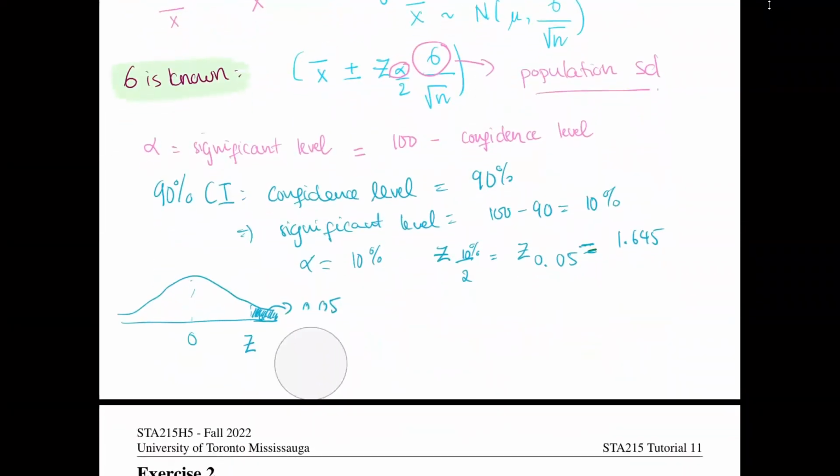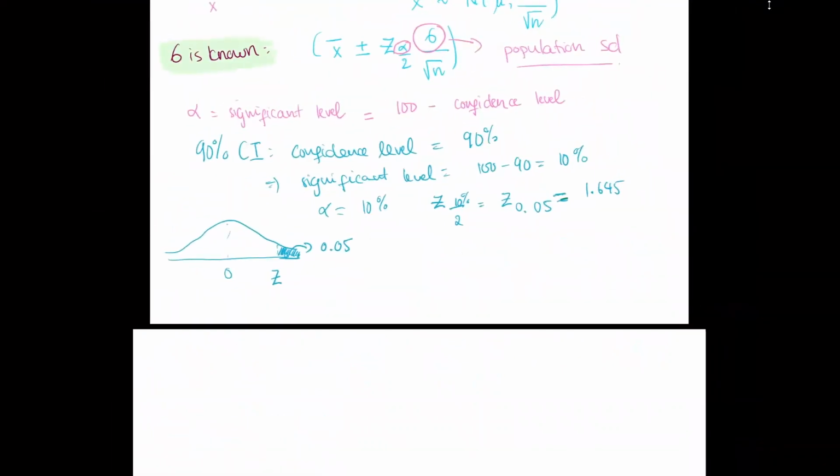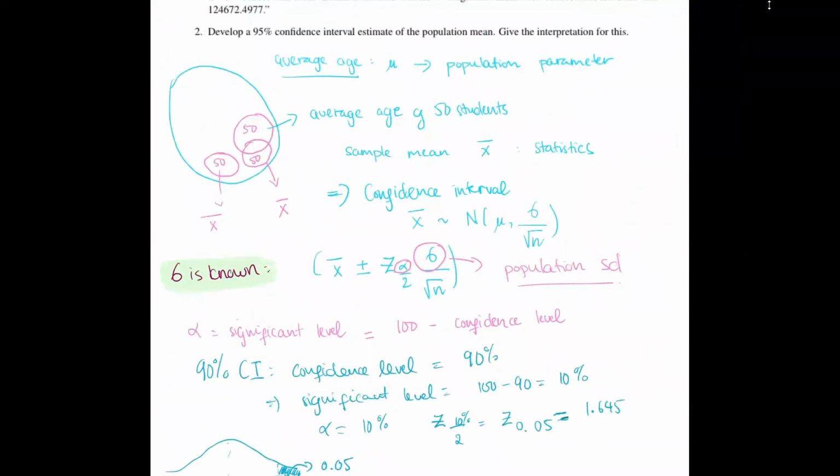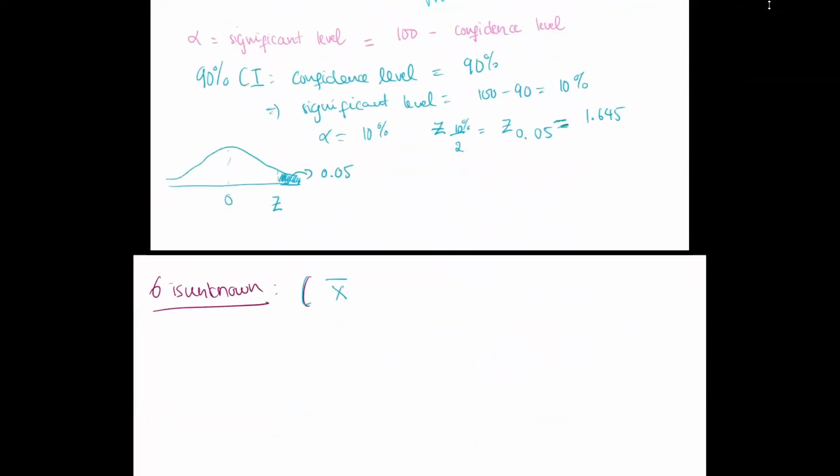When that number is not known, then we use t distribution. So when this one is unknown, you will need to estimate the population mean by the sample mean, but with a different formula.